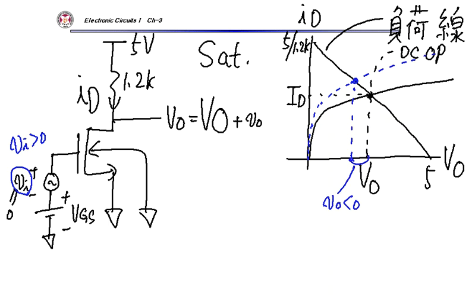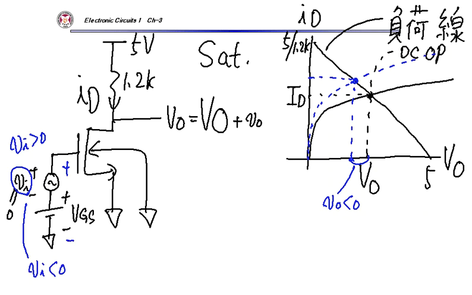Current increases a little bit. If my small signal Vi is small and negative, the entire gate source voltage becomes smaller.